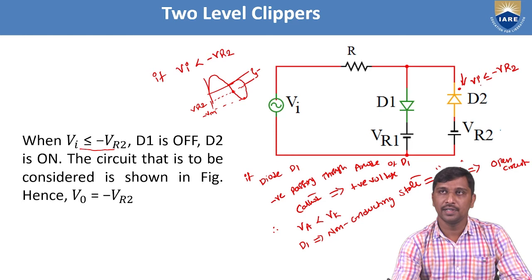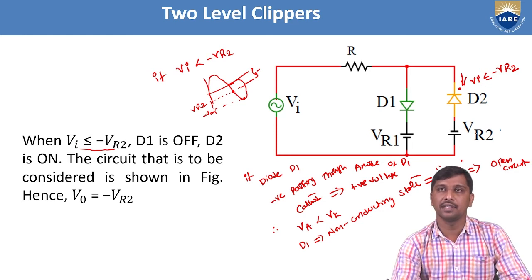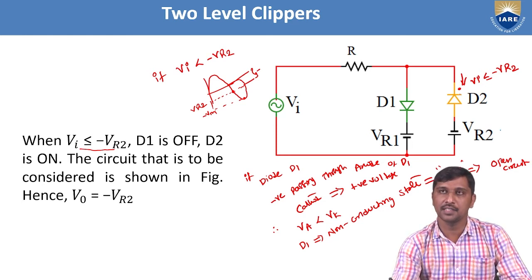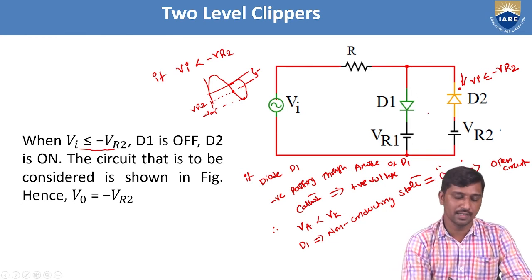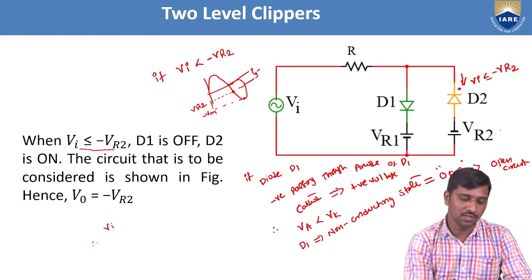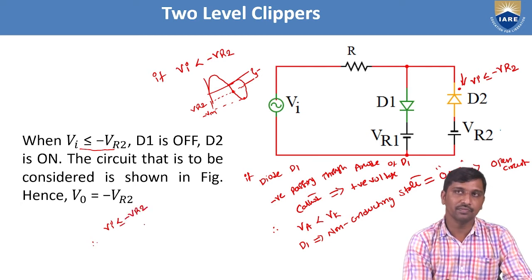That is the reason. What happens from this statement? A lesser voltage with respect to your given DC reference signal is passing through the cathode of D2 and some magnitude is passing through the anode of D2. Hence, from this point, whenever Vi is less than or equal to minus VR2, your anode voltage becomes greater compared with your cathode voltage for diode D2.